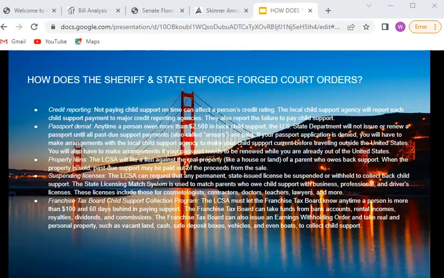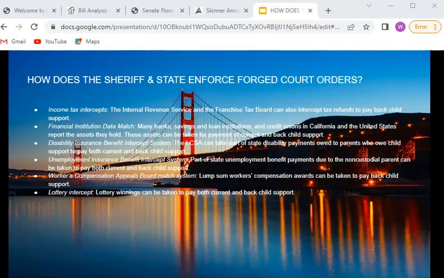They lien property. They suspend licenses. They use the Franchise Tax Board as a third party to report the debt and use them as a debt collection agency like the IRS to extort obligors, or fathers and mothers, to obtain this false debt.